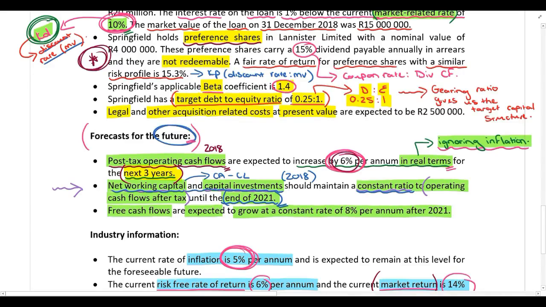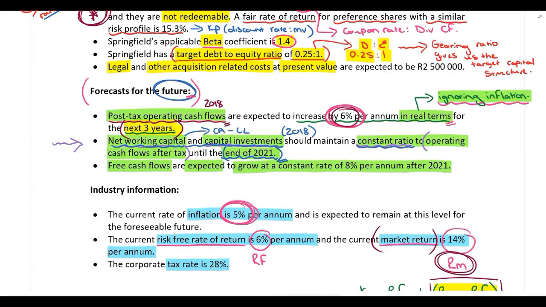If you go back to the information provided in the question, you were told that free cash flows are expected to grow at a constant rate of 8% per annum after 2021. So in other words, in 2022, your free cash flows are going to grow at a constant rate of 8% per annum.